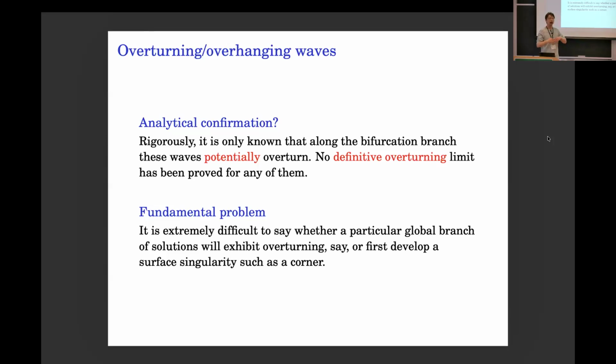As I said, you could have the singularity coming from the corner formation, or from the development of a vertical tangent, or you could have some other quantities blowing up. So which one is actually happening is a big question. That's what we decided to tackle. So that's for the background.